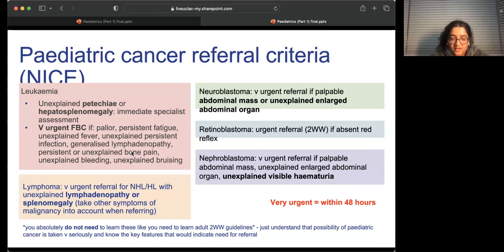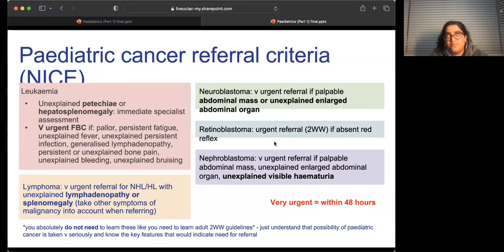And that's for leukemia. And then lymphoma, they need a very urgent referral for non-Hodgkin's or Hodgkin's lymphoma if they've had any kind of unexplained lymph node swelling or splenomegaly. And then neuroblastoma, very urgent referral if there's been an abdominal mass or an enlarged abdominal organ.